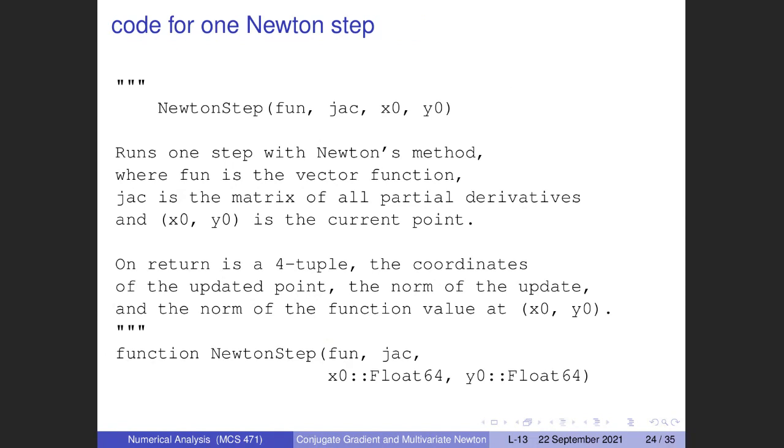And now we can define Newton's step, one Newton step, in great generality. What we have on input are the vector function that evaluates the nonlinear function, and then the Jacobian function, and we start with the current point.